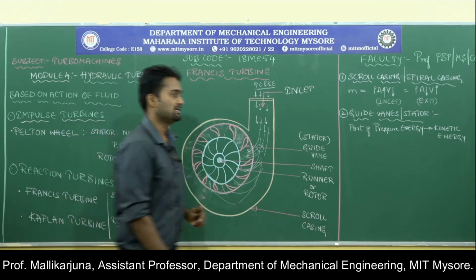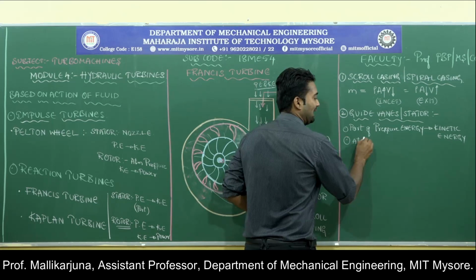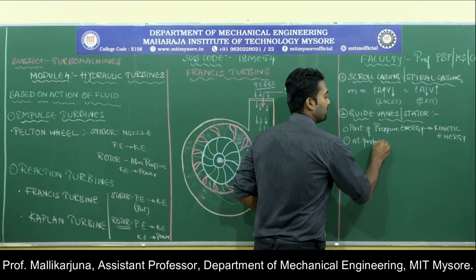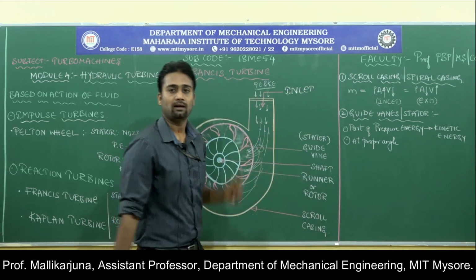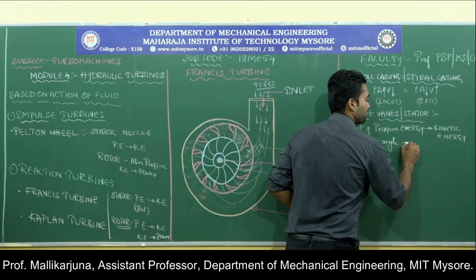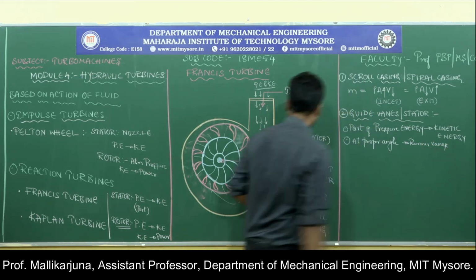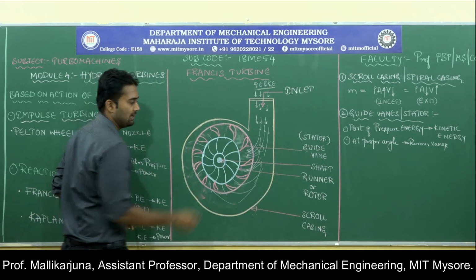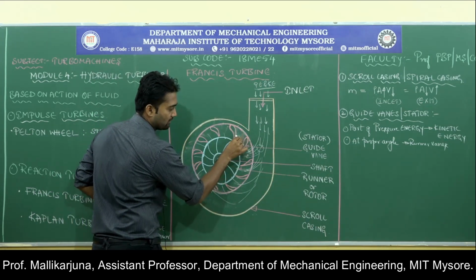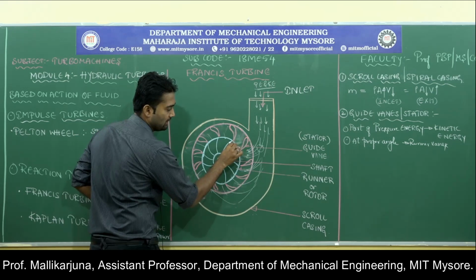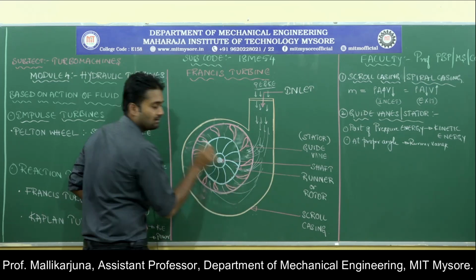If I look onto the second function of the guide vane, at the proper angle it has to discharge the fluid into the rotor, the runner vanes. Now if you look onto the sketch clearly, the fluid which is moving from the guide vane passage to the runner passage has to be at a certain angle.